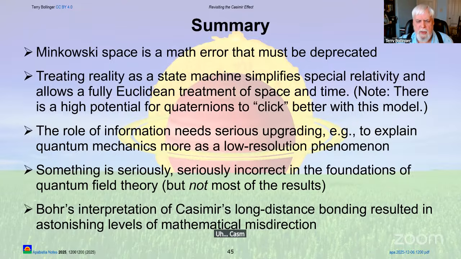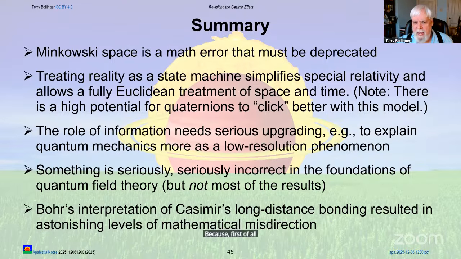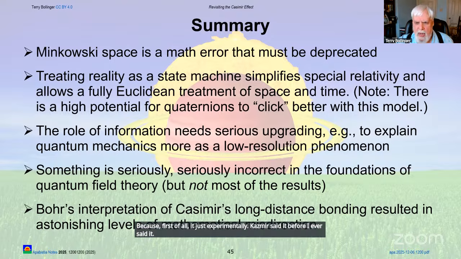The interpretation that the Casimir effect was a proof of infinite energy at small distances was a terrible misdirection of a lot of effort. First of all, experimentally, Casimir said it long before I ever said it, that no, it's just bonding energy. That's all.